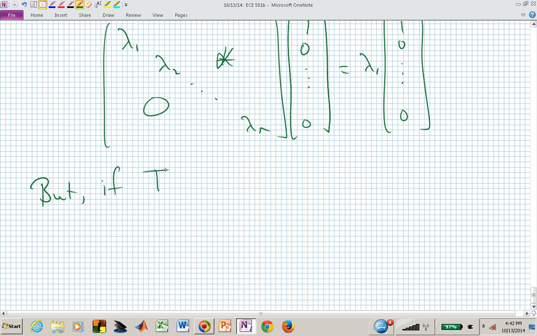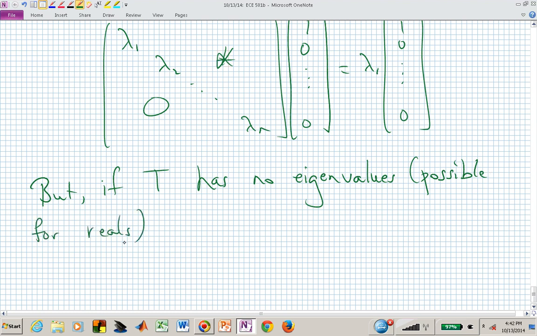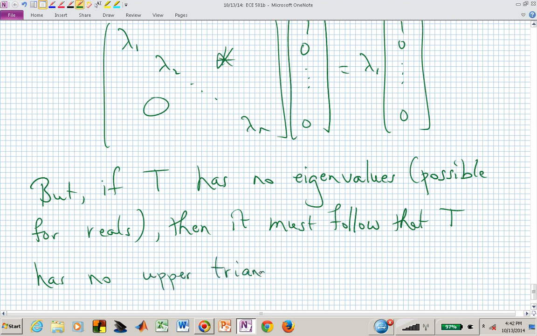But if this linear operator T has no eigenvalues, which is possible for real vector spaces, then it must follow that T has no upper triangular form for particular linear maps on real vector spaces.